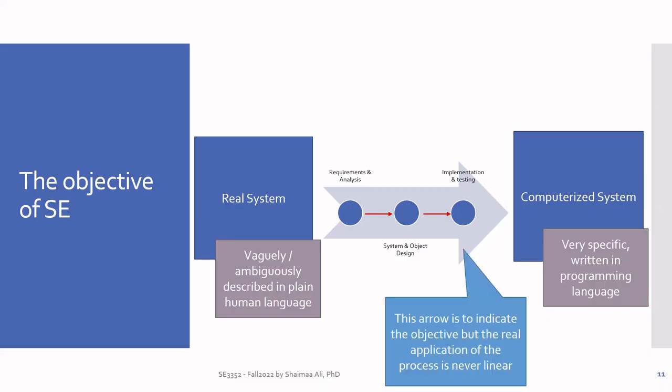Just because it looks like a line doesn't mean it's an actual line. You keep going back and forth between the different activities, and in reality, it's actually a cycle. But the general objective is to move from here to there, generally through these steps, using this order.